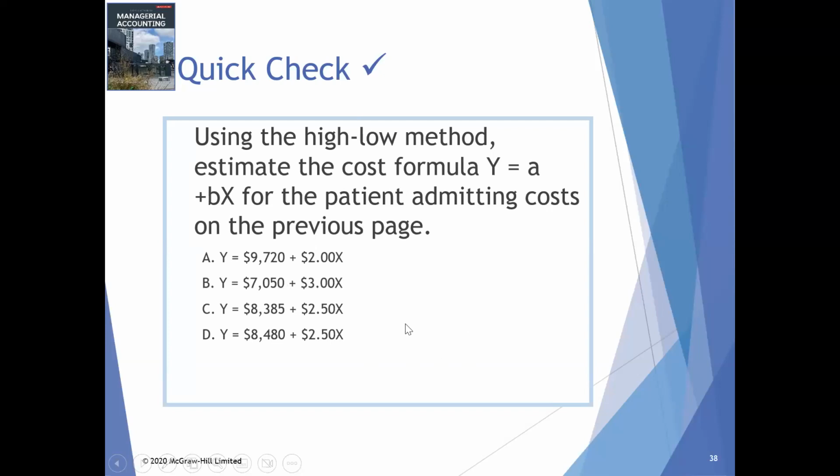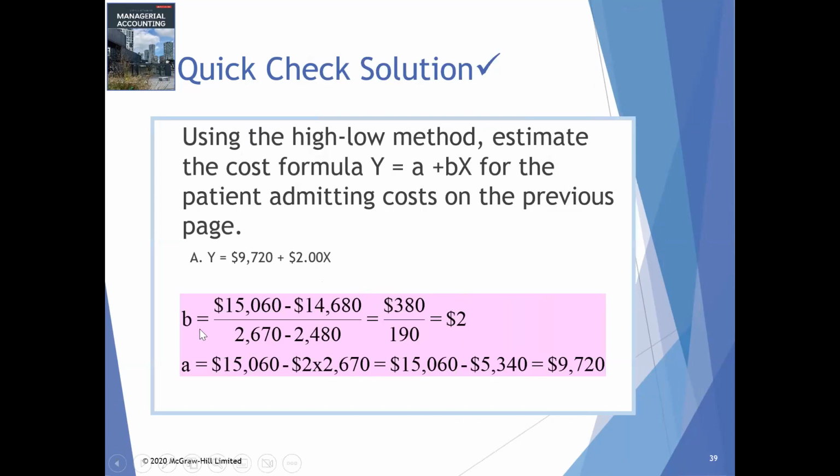Now let's take a look at the B1. Let's say A is equal to 9720 plus 2. This is the fixed cost that we have, right? And this 2 is the variable.